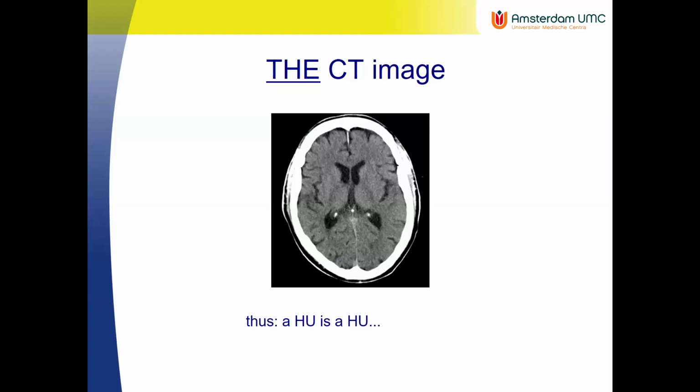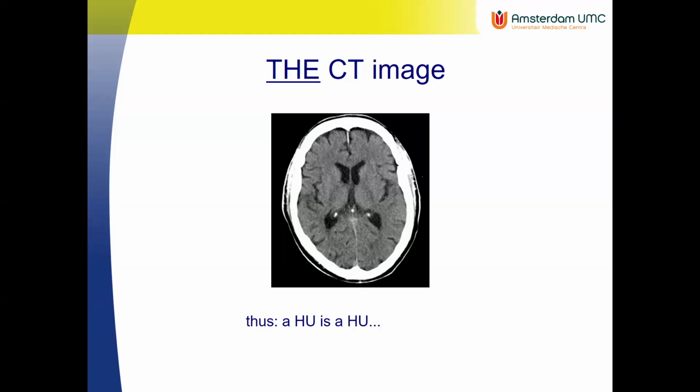and it's always like that. Does anyone know what the Hounsfield unit represents? What is depicted on the CT image? The absorption coefficient, of what kind of stuff is absorbed?